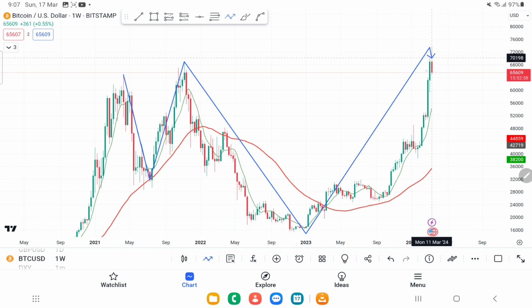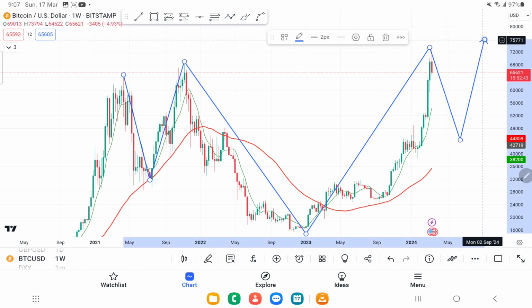Now, normally the market doesn't just keep moving up or down forever. So we've tapped into the all-time high area and we should be expecting sort of a pullback before having any form of continuation to the upside.